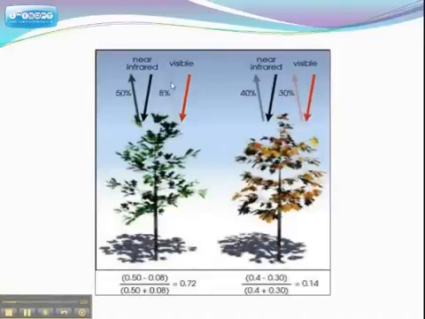NDVI uses the light intensity measured in the red, visible, and near-infrared regions where reflection by green leaves happen. EVI uses an additional band, the blue band, to correct the scatter of reflected light due to the presence of haze in the environment. EVI thus provides a better estimate of the greenness.